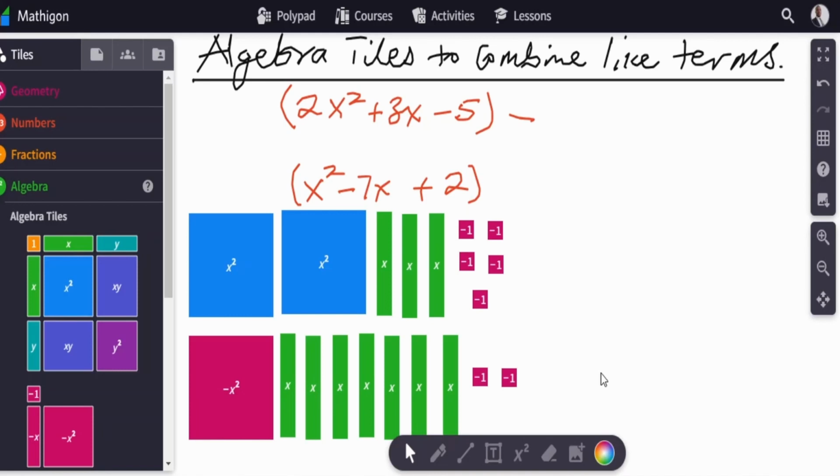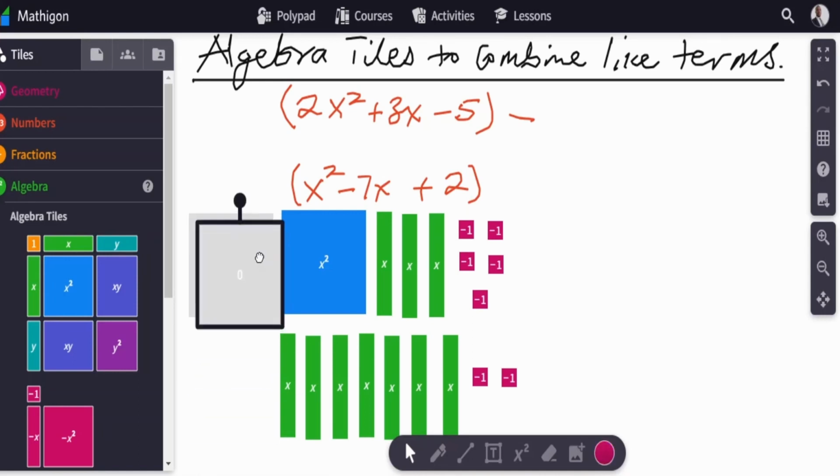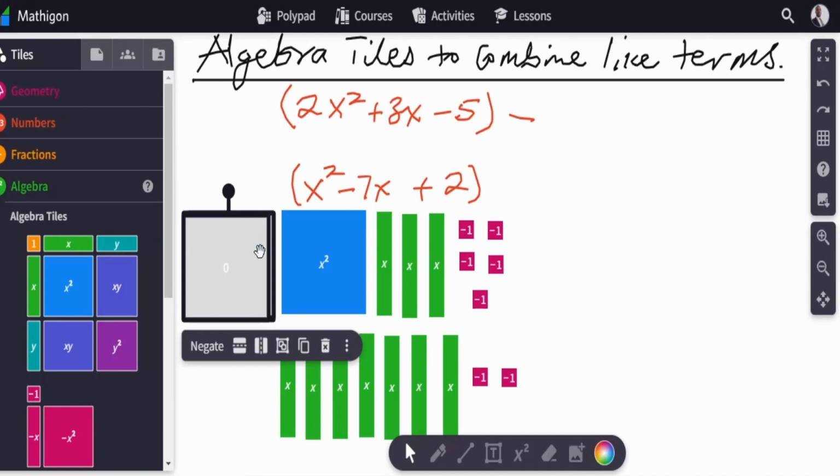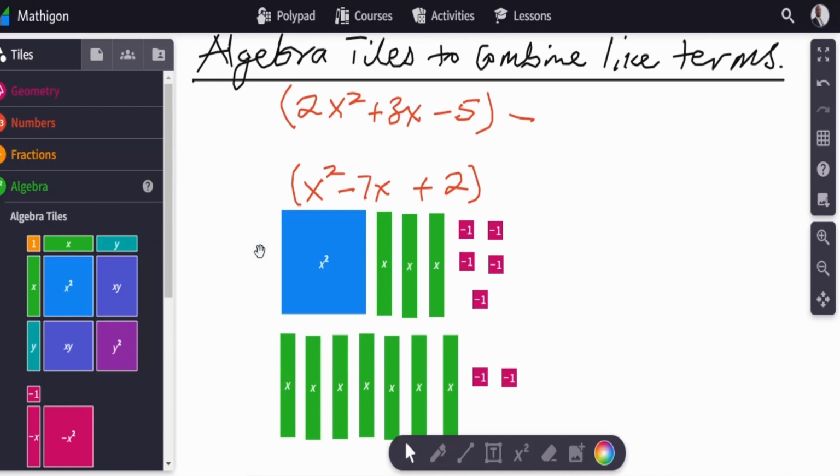So now after negation, let's combine all colors, and these are different colors, so this and this will give us a 0, and we can safely remove that. Then we are left with x squared plus 10x minus 7, and that becomes our answer.